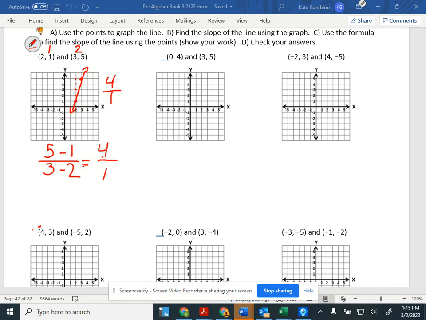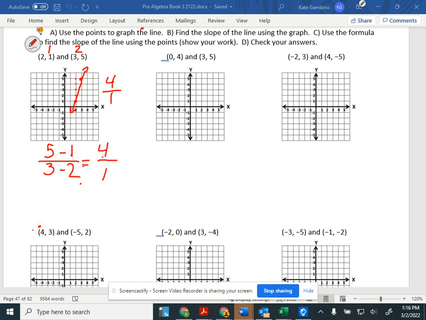So if they give us a point here and a point that's way there, and you have to find the slope, and you're going to say, oh my goodness, I can't count up, it's off the graph. This is how you find your slope when it's not graphed. So we're doing it both ways so we can solidify yesterday's way, because there were some simple mistakes we were making, and we're checking to make sure that we're using our new formula correctly.